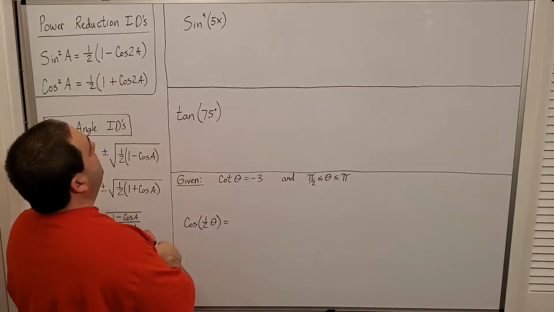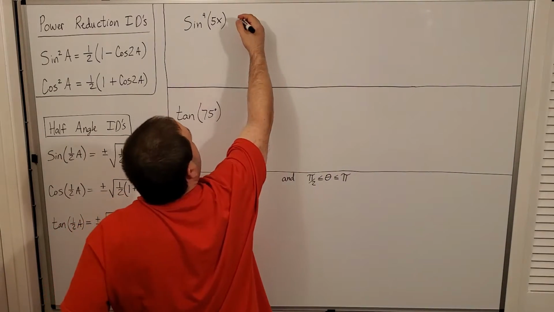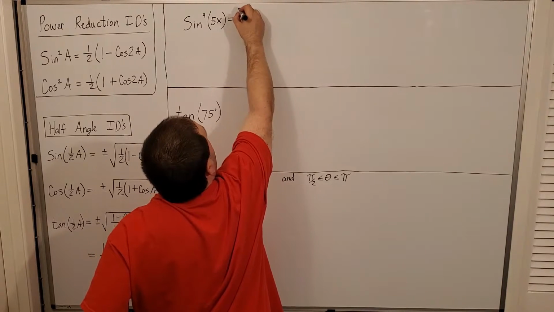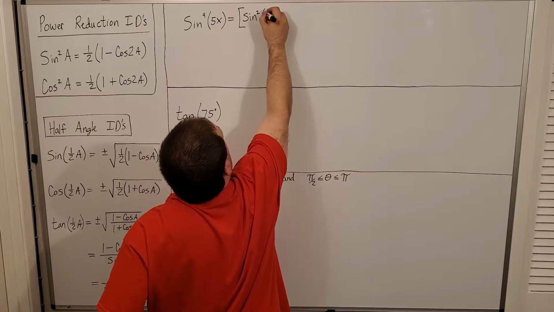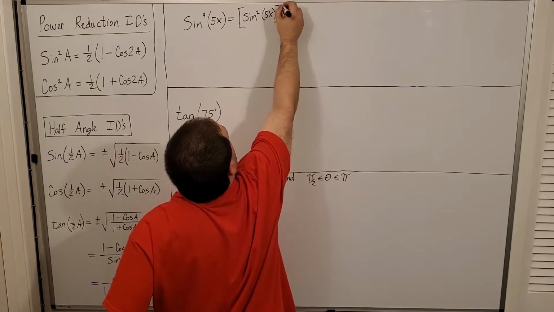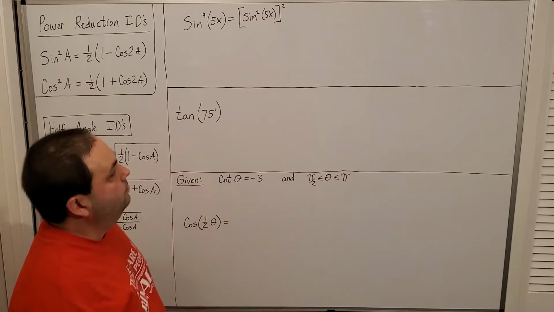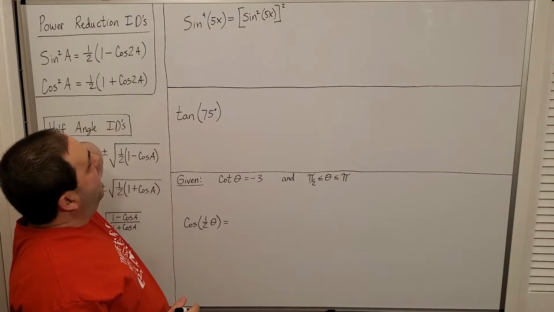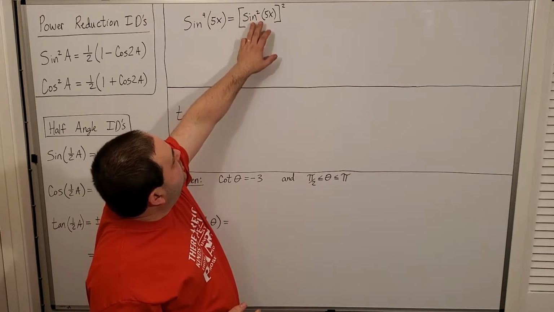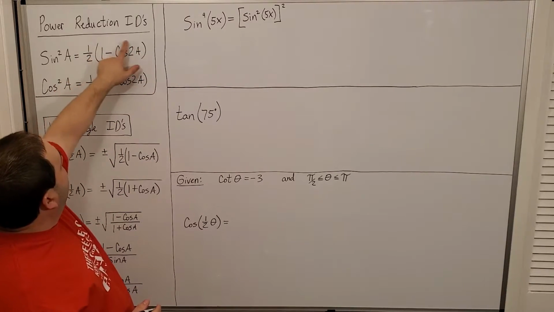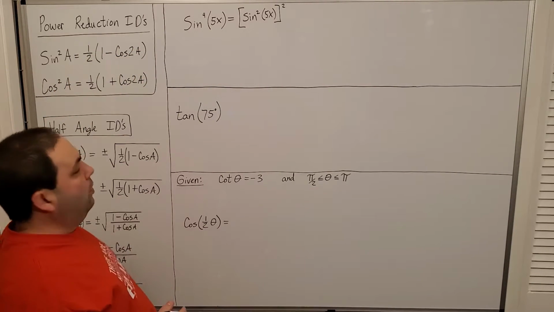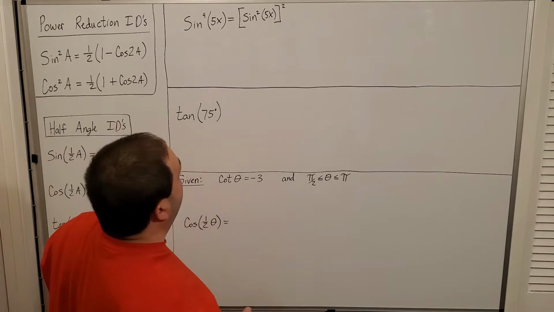So I can rewrite this as sine squared of 5x, squared, like so. And then once I do that, I can rewrite sine squared of 5x this way right here with the 1/2 of 1 minus cosine of 2a.